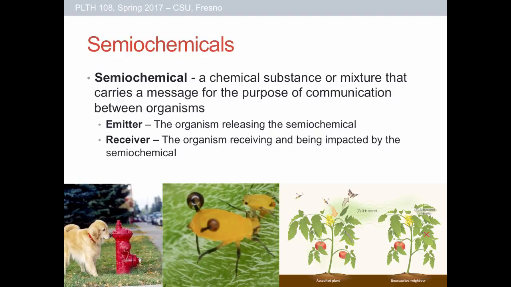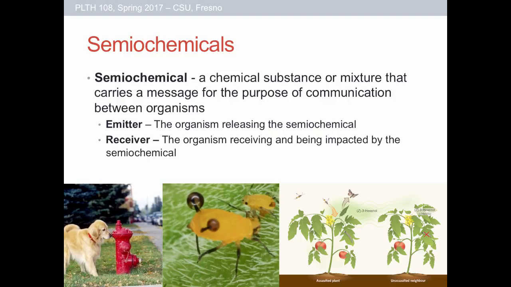So, in general, these chemicals that organisms use to communicate with one another, we call them semiochemicals, or just chemical substances or mixtures that carry a message between organisms. And so whenever a message is being sent, we have to basically designate between emitters, or the organisms that release that semiochemical, and receivers, the organisms that basically pick up on that particular chemical and then have some sort of behavioral response to it.